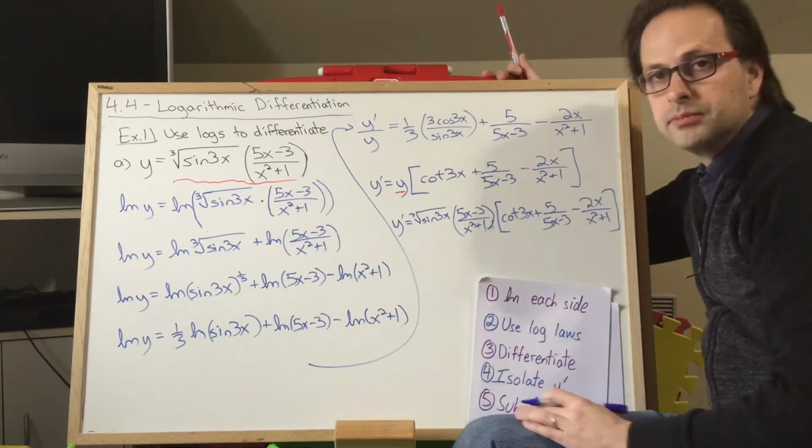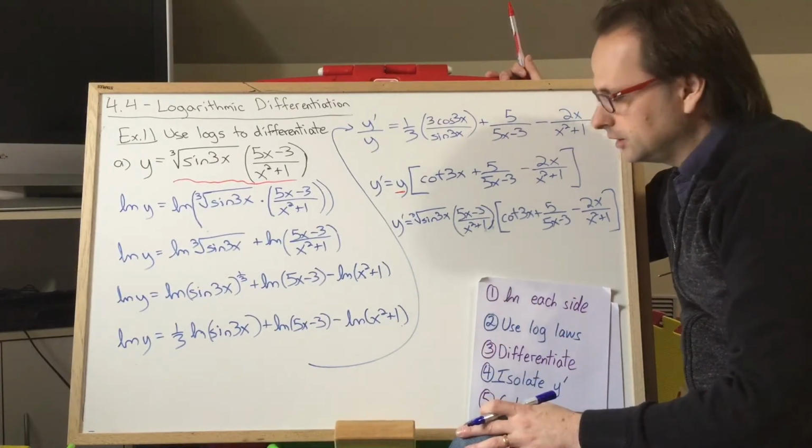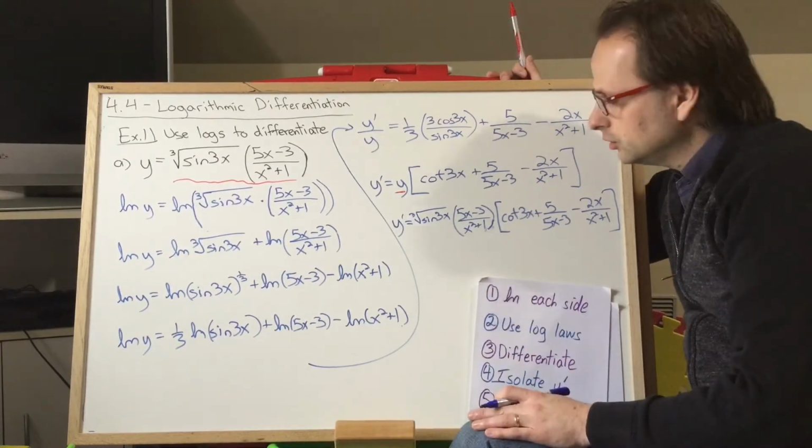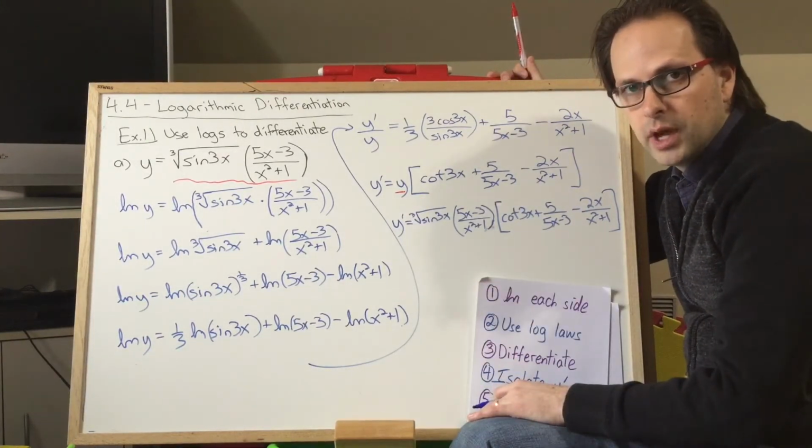And done. If you did this just using product and quotient rules, you might get a different looking version of the same answer. It might have a common denominator, but this is definitely going to be an easier way to get there.